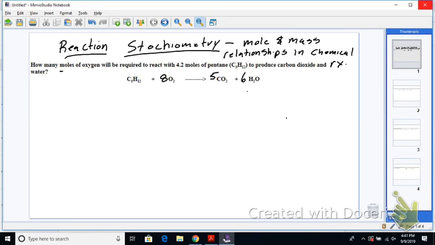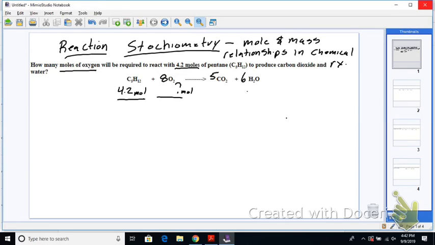We want to know moles of oxygen. Down below each equation, I'll just represent moles, and that's an easy way to show that relationship. Pentane is C5H12, so I know how much I have of that. I have 4.2 moles of pentane.